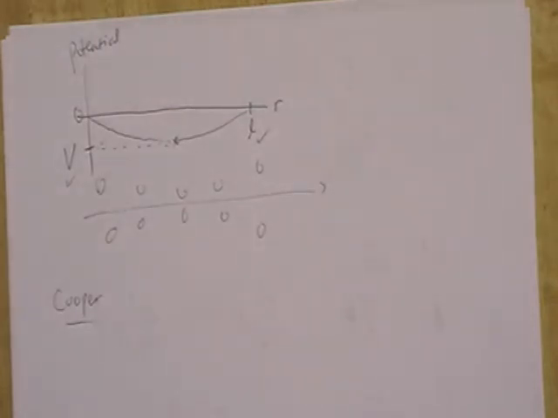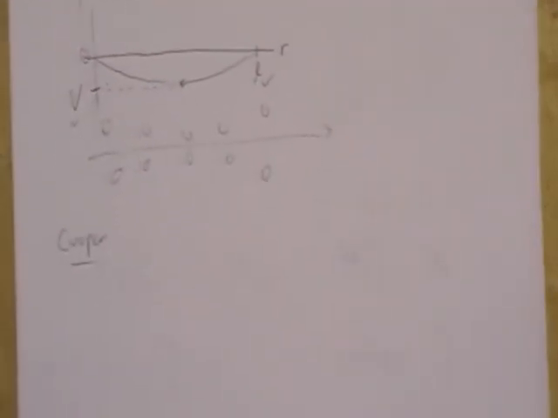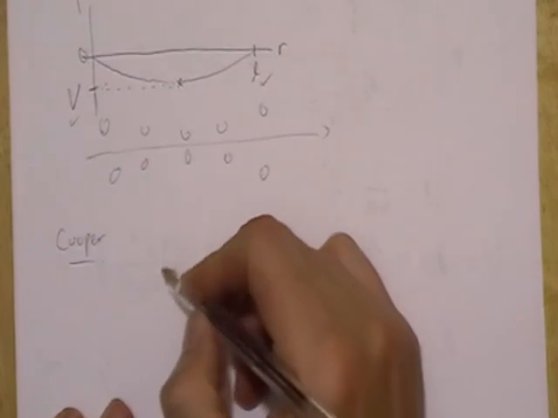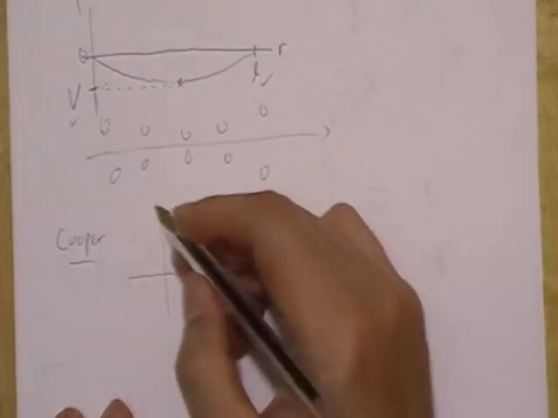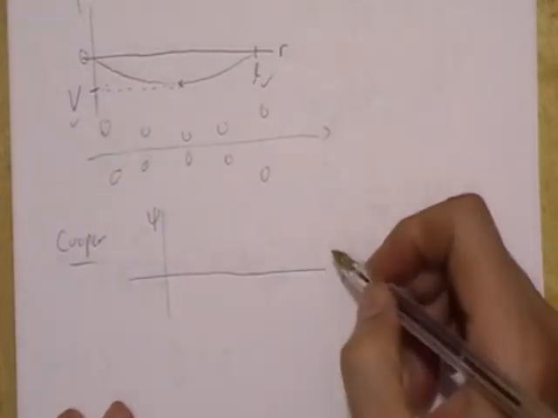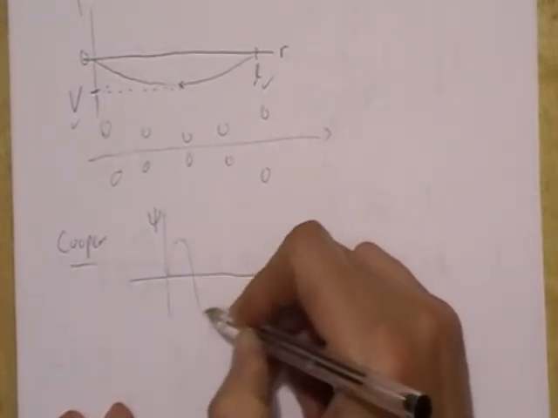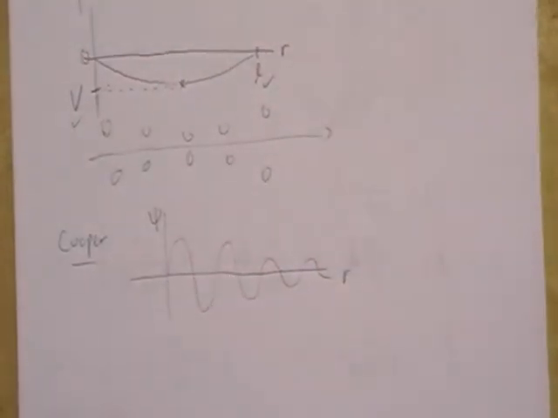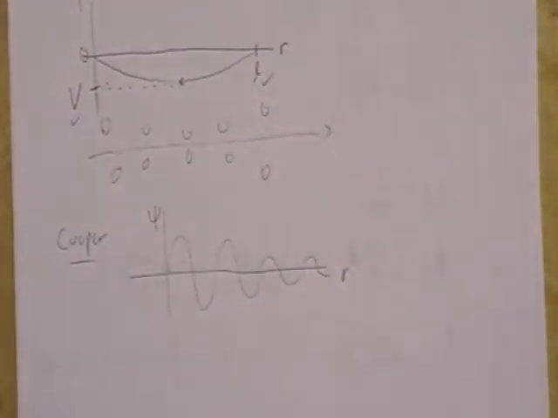And the solution to this Schrödinger's equation looks like this. So wave function R, just very roughly, looks like this.